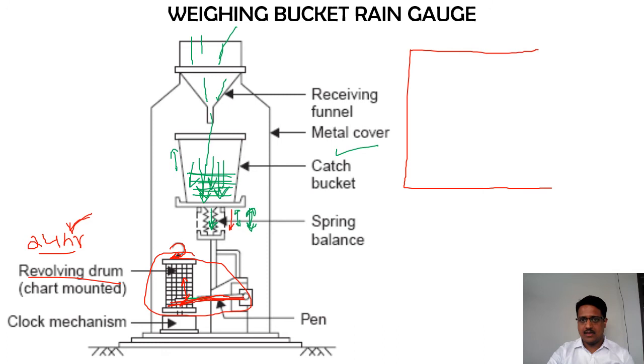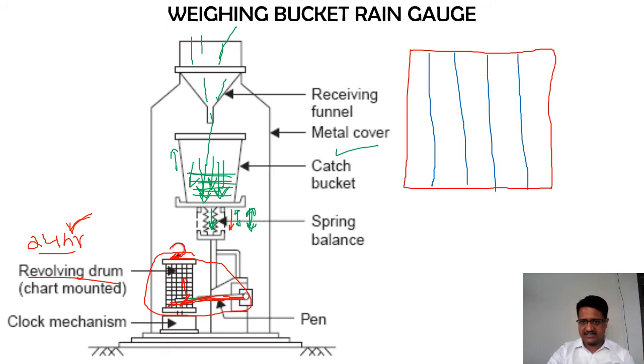Imagine this as your drum, and this is basically a graph sheet. These are your centimeter lines, in the simplest of terms. This is how your graph is. Now with the mechanism we have, let us take this purple. Here I have the weighing bucket and I have the spring.